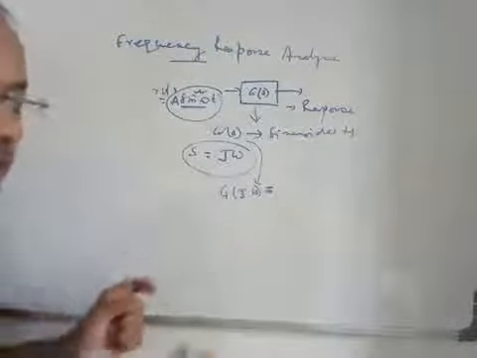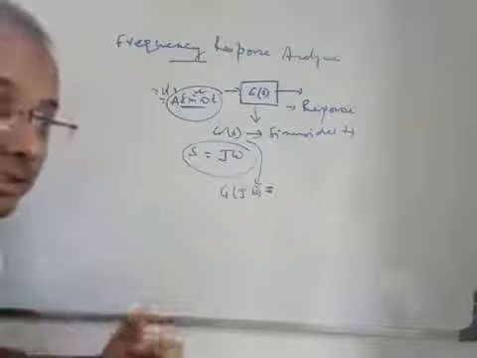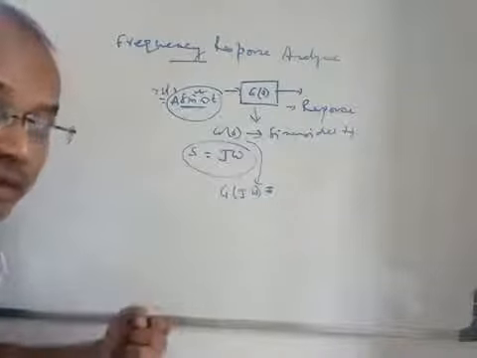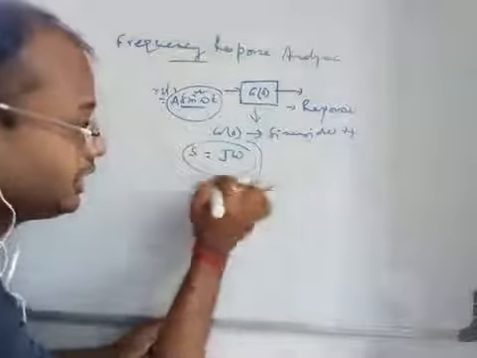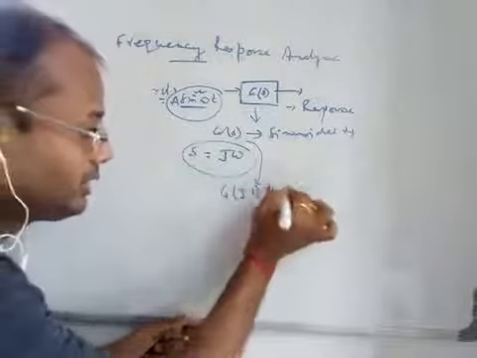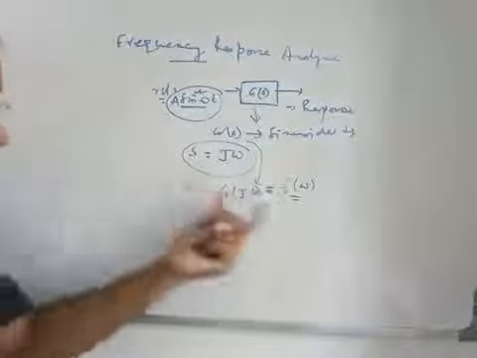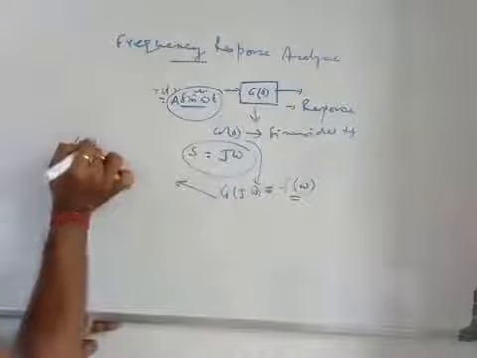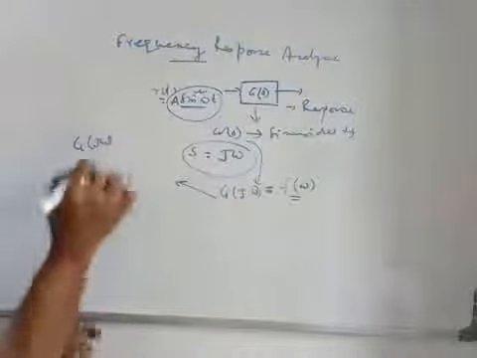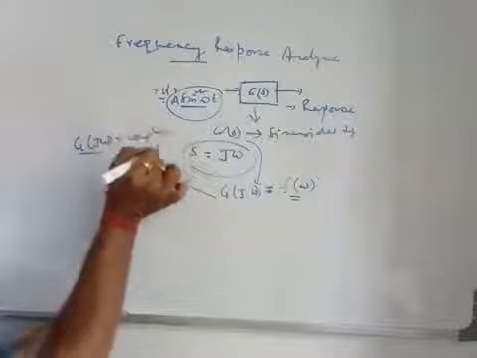We will describe different methods, and by using frequency response analysis, we are again going to get the stability of the system by measuring certain parameters. So G(j omega) is a function of omega, that is, a function of frequency. Any function written like G(j omega) is definitely a complex quantity, there is no doubt in it.